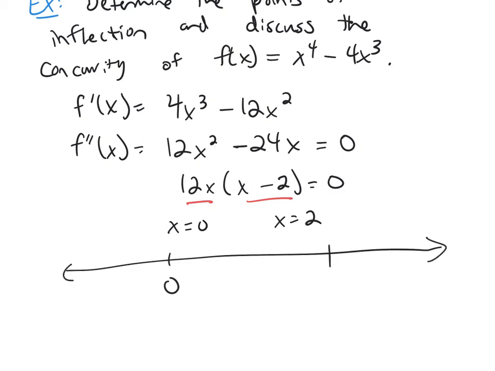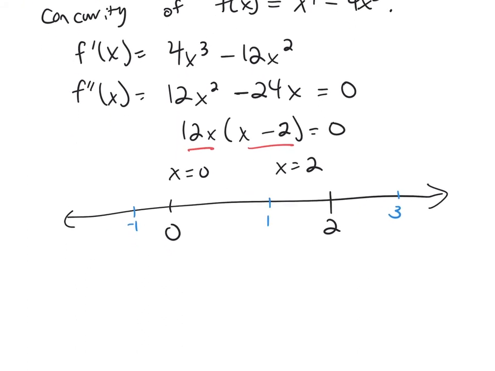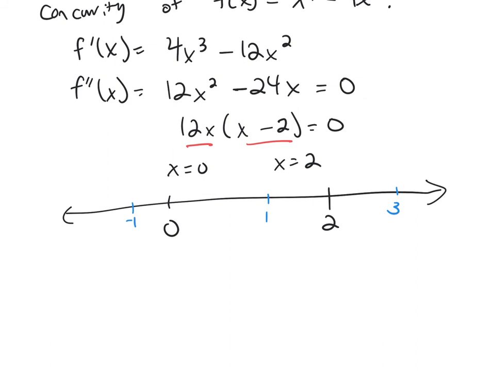So 0, 2. Pick your test points like we've been doing. So -1, 1, and 3. Plug them into your second derivative. And I'm going to go ahead and use the factored form. If I plug in -1, I'll get -12 times -3.